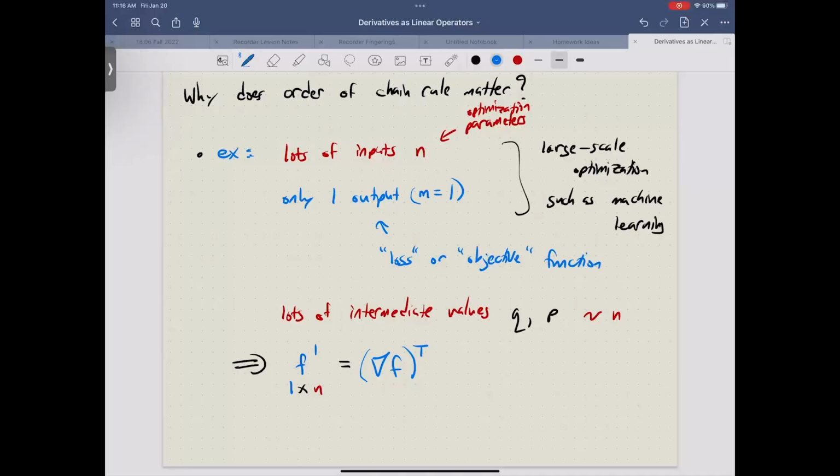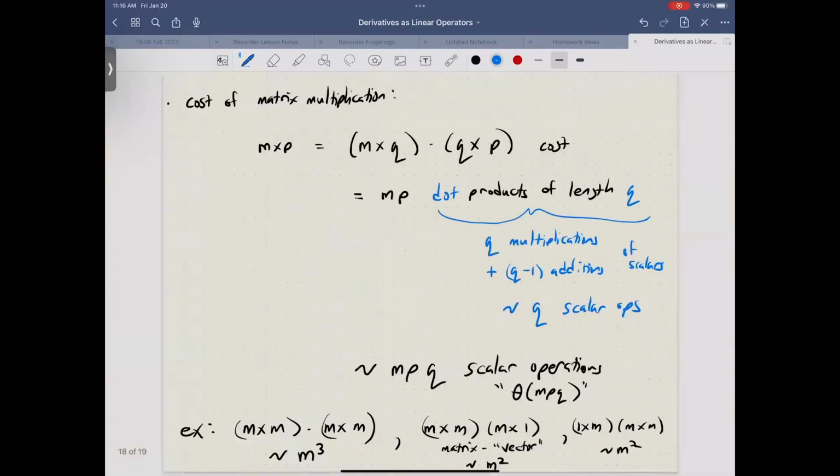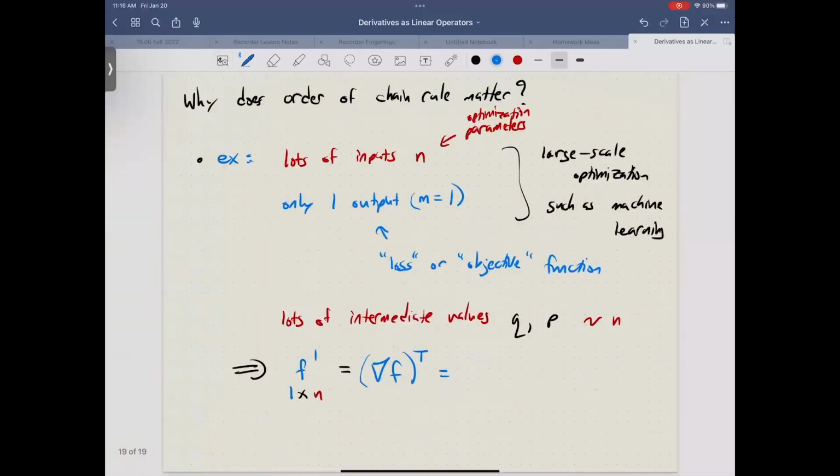Okay, but what is that in terms of the chain rule? We said it's A prime times B prime times C prime.